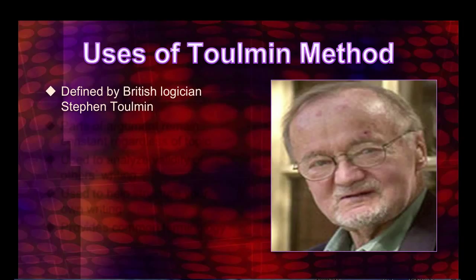Stephen Toulmin, whose picture you see here, wrote a number of books in the 1950s and 60s that analyze and explain the parts of an argument. Now, you need to understand that argument is used differently in the academy, in other words, in post-secondary education, than it's used in our everyday language.